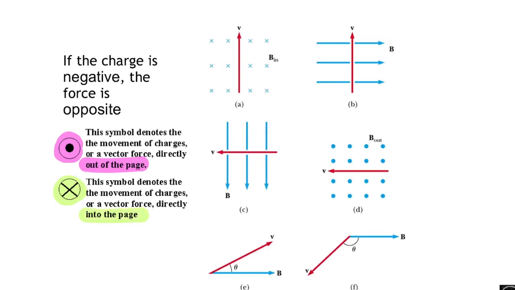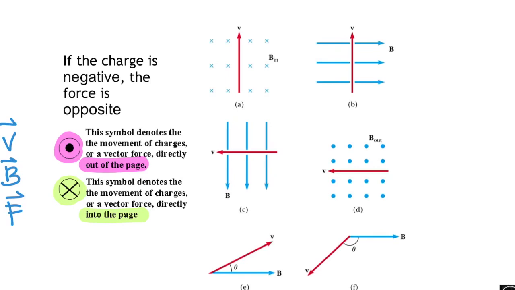It could be direction of velocity, it could be direction of B, it could be direction of F, any of it. So it's not all the time about B only. It could be also the velocity, the force as well.